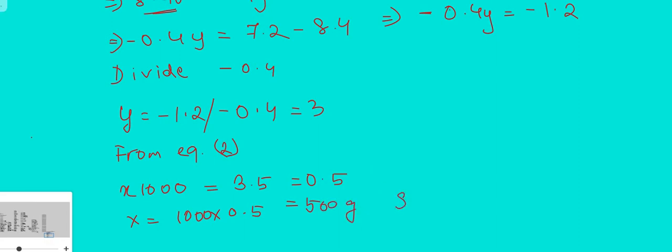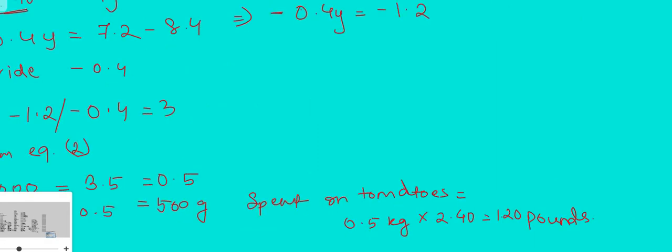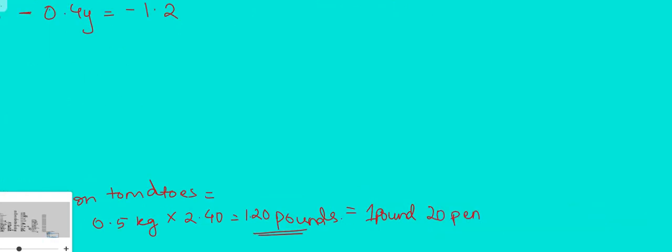The money spent on tomatoes is 0.5 kg into 2.40, which is equal to 1.20 pounds. So 1.20 pounds, that is 1 pound 20 pence, is our final answer for question number 41.